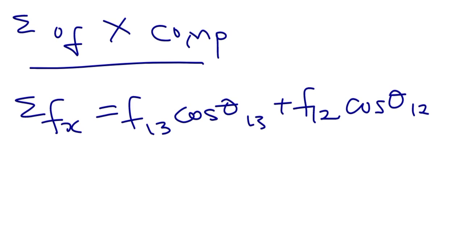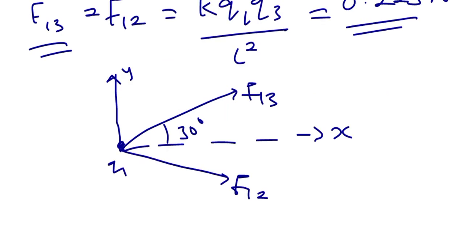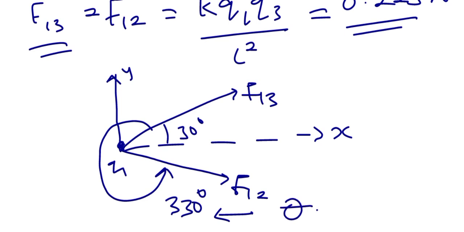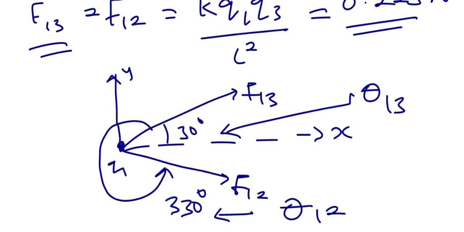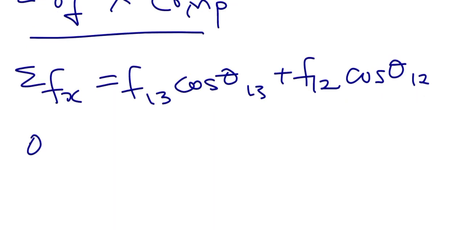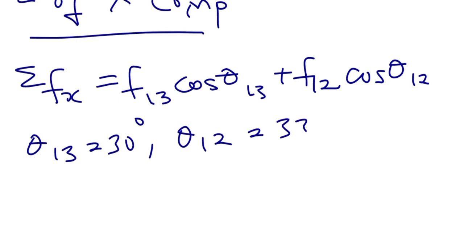Looking at the sketch, theta 12 is 330 degrees and theta 13 equals 30 degrees.